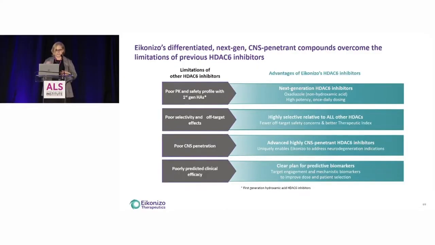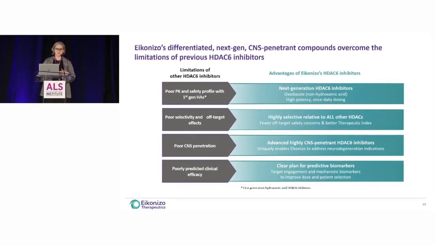Additionally, the first generation clinical trials didn't have predictive biomarkers, so clinical efficacy was poorly predicted. However, we have a clear plan focused on target engagement and mechanistic biomarkers to improve dose and patient selection in the clinic.